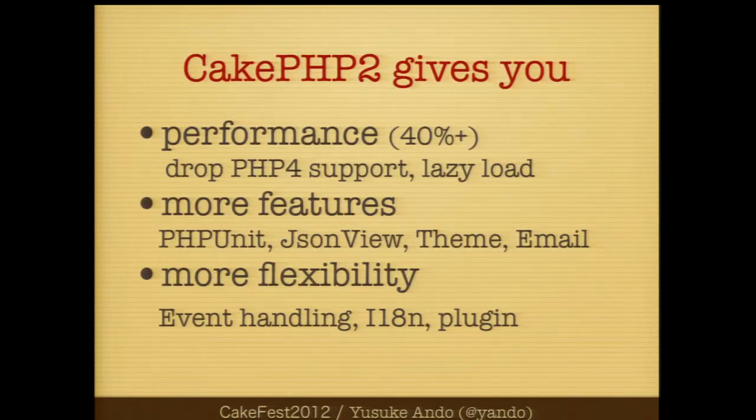As you know, Cake 2 is obviously better than Cake 1, and Cake 2 will give you better performance because Cake 2 doesn't support PHP 4. It means dropping so much extra code just for PHP 4. And also, it has the lazy load design. Cake 2 has more features than Cake 1, and also more flexibility.